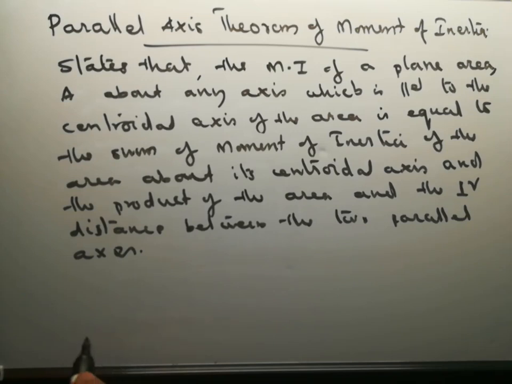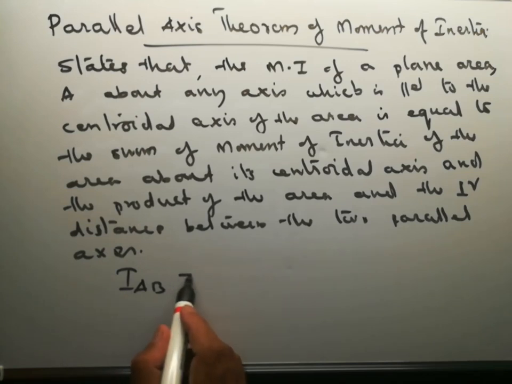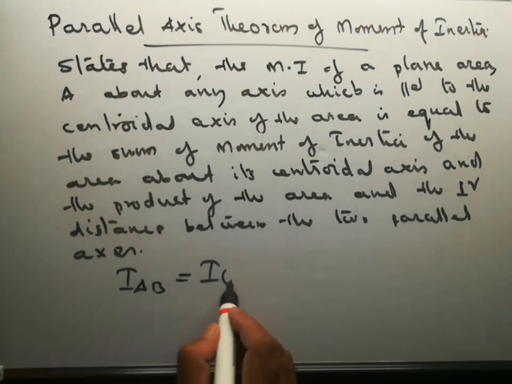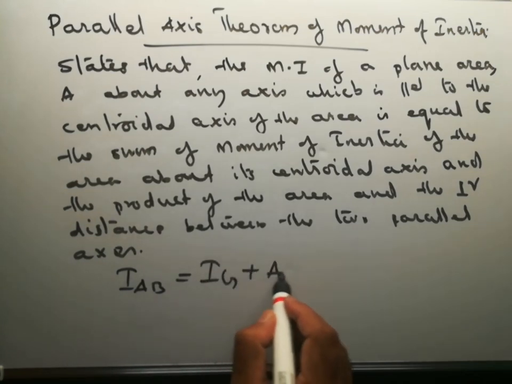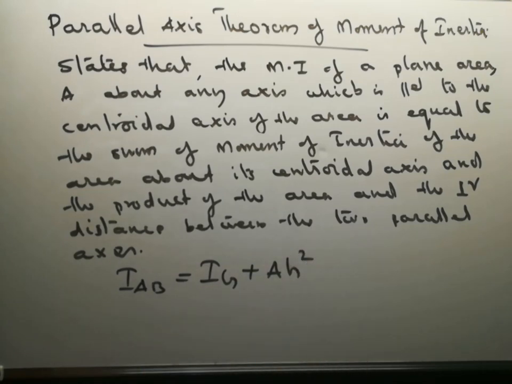So if AB is a parallel axis which is parallel to the centroidal axis of an area, then IAB, which is the moment of inertia about AB, is equal to IG plus A h square, where IAB is the moment of inertia of that area about the parallel axis AB.